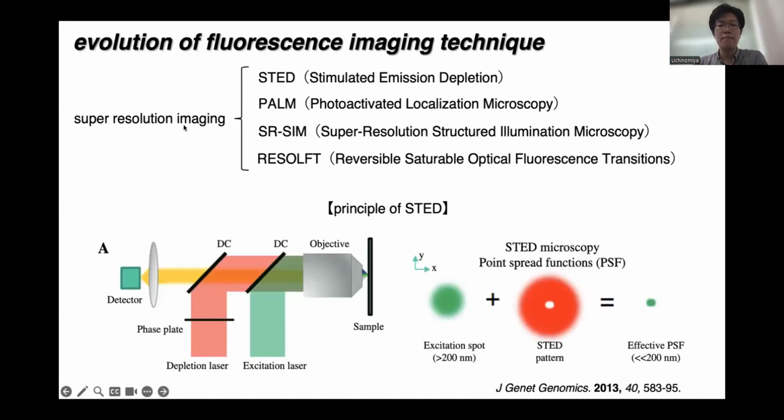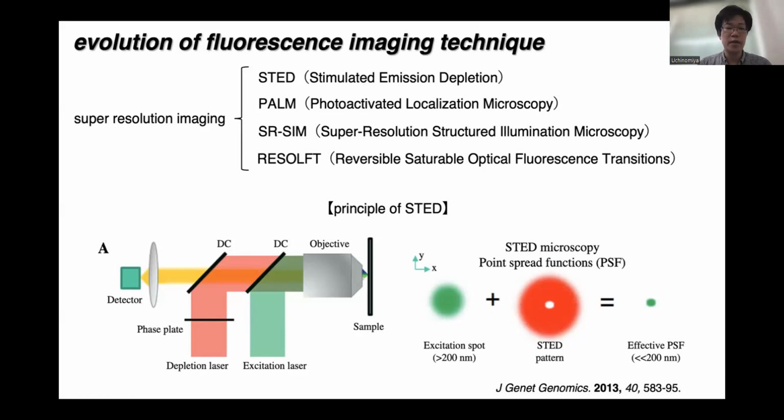There are mainly 4 methods in fluorescence-based super resolution imaging, such as STED and PALM and so on. The principles of these methods are a bit complicated, so in this class, I will skip the explanation of the details of the mechanism.